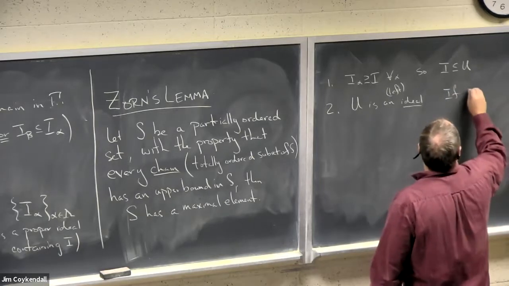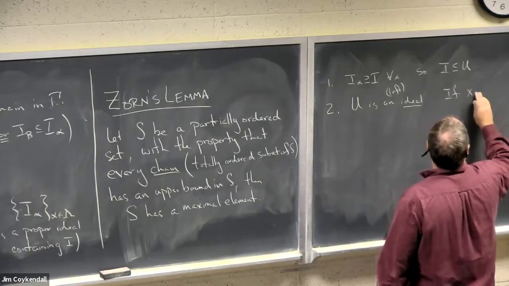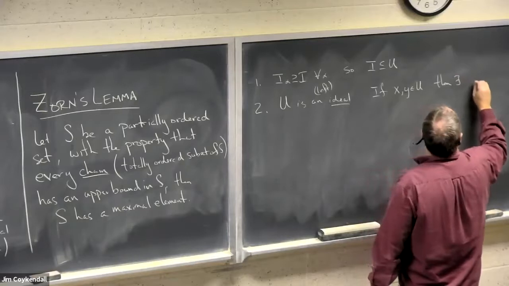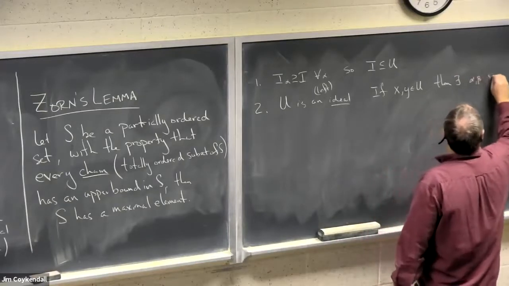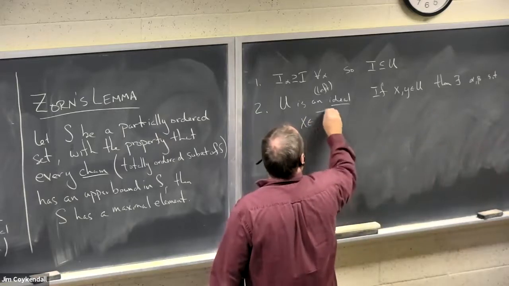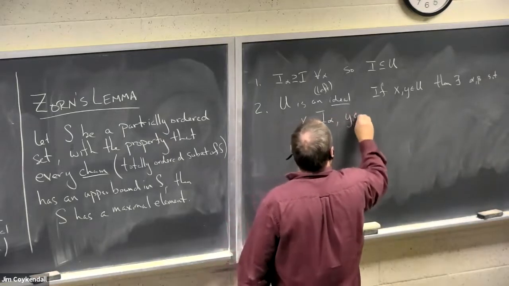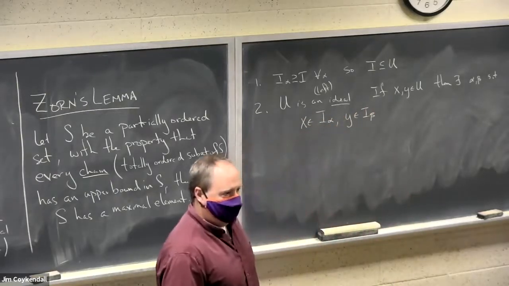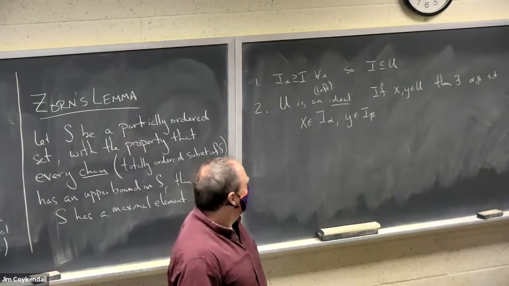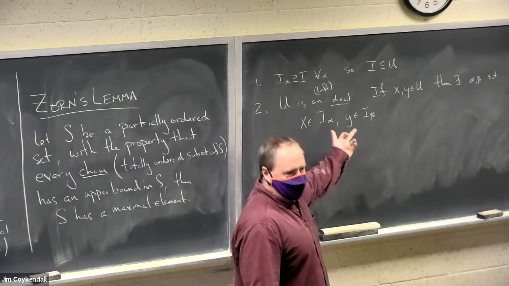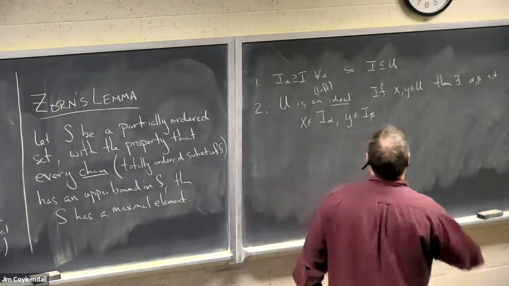If X and Y are in U, then there exist alpha, beta such that X is in I alpha, Y is in I beta. Everybody okay with that? Now, usually, unions of ideals are not ideals, but here we win.